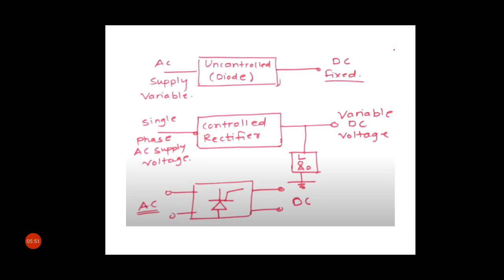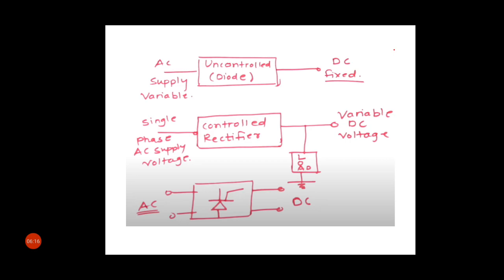So if you have DC voltage at its input side, you need to have current commutation or voltage forced commutation. But if you go for AC as an input voltage, your commutation is natural commutation.